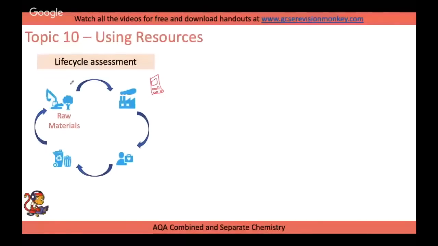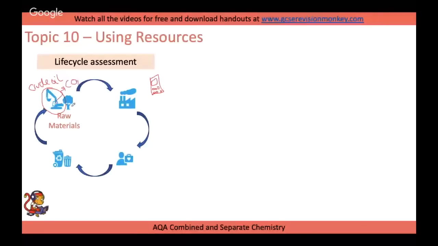Raw materials. So these are things like, what are you using to make the phone? So it's all of the process involved in, for example, making the plastic. So for this one, you might be extracting crude oil, and you need to think about what effect that has on the environment. You might be using machinery to do that, which is burning fossil fuels and releasing carbon dioxide as you're doing that.